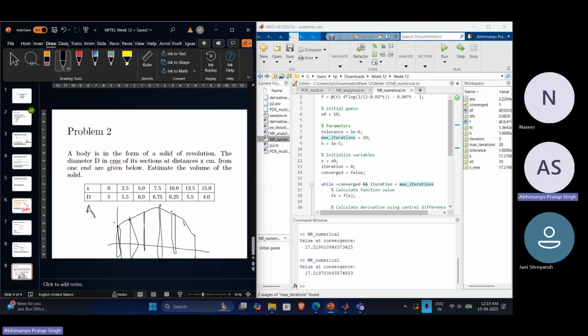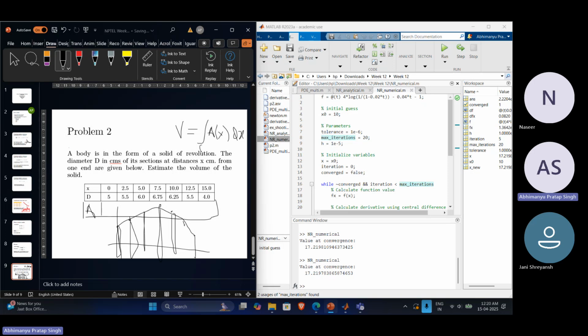So we have the area values at all of these x values, and we integrate that area to get volume, right? So volume would be just the integral of area as a function of x dx, right?